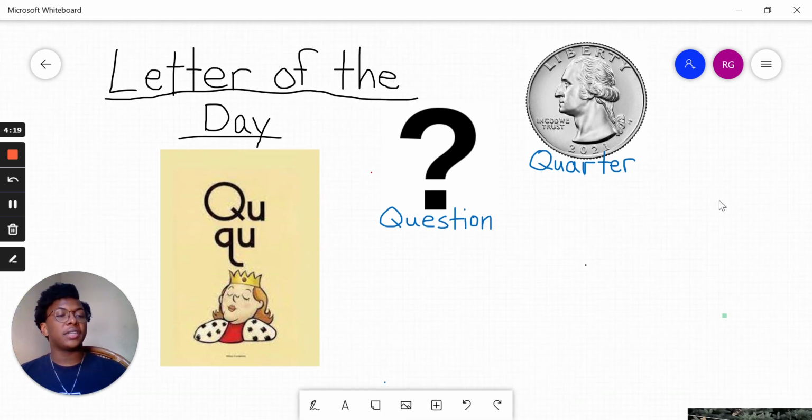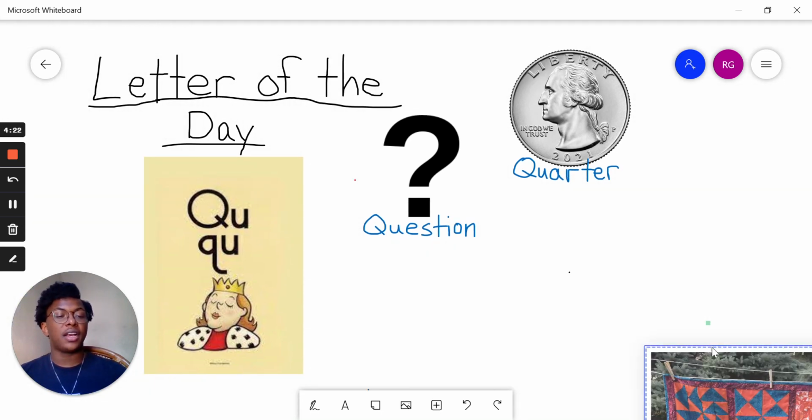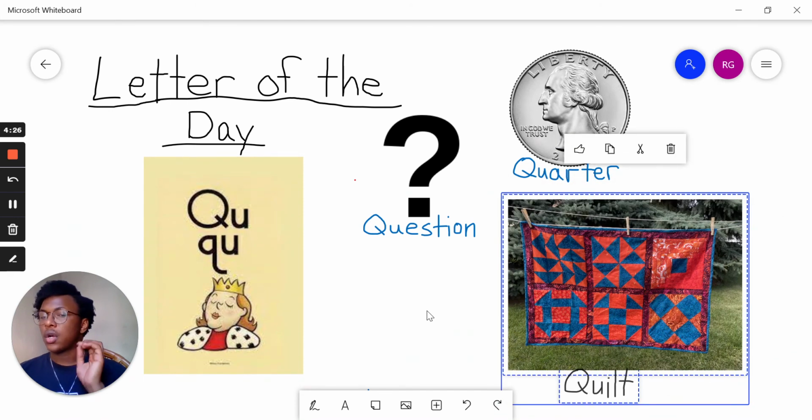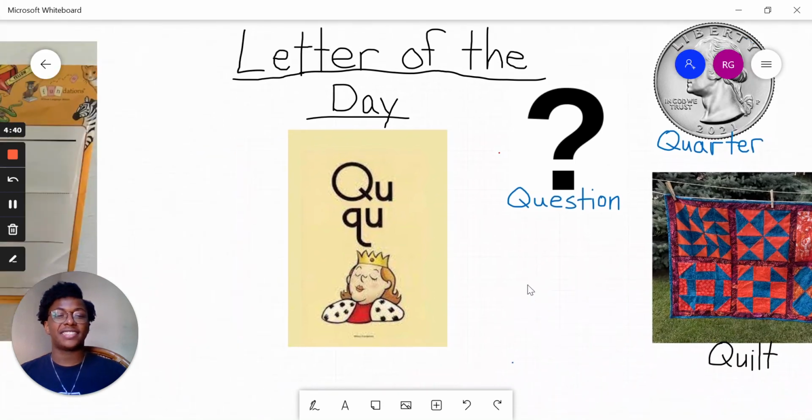And our last picture is a picture of a quilt. Everybody say Q, quilt, qu. Q, quilt, qu. Oh yeah, sounding really great.